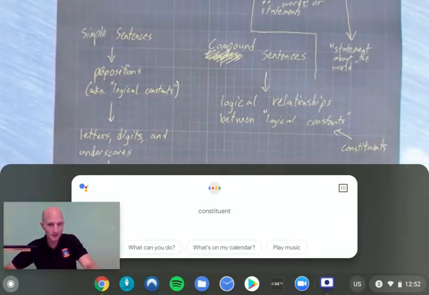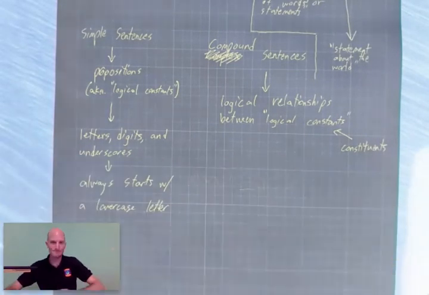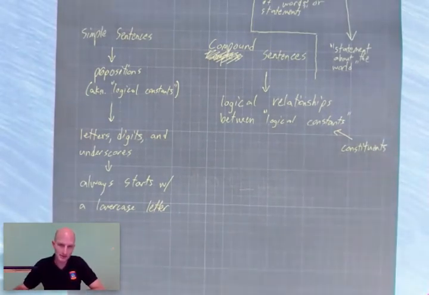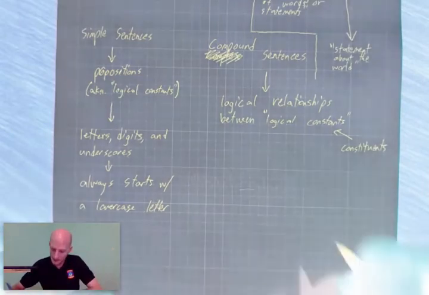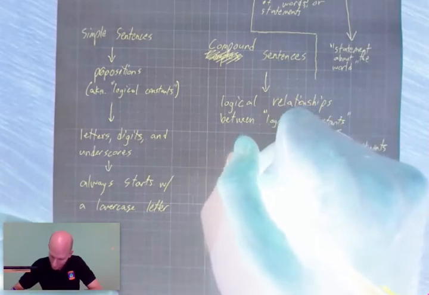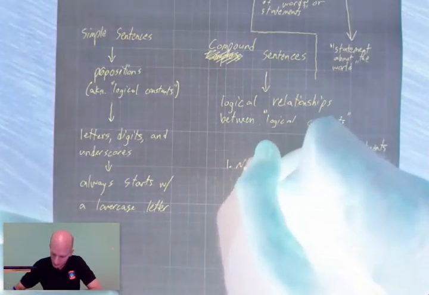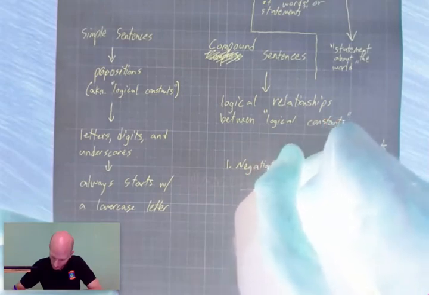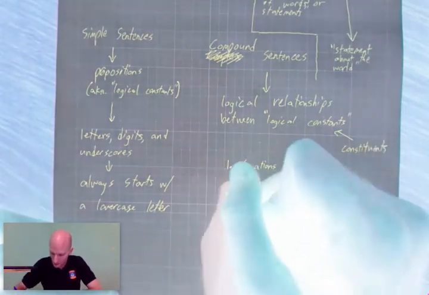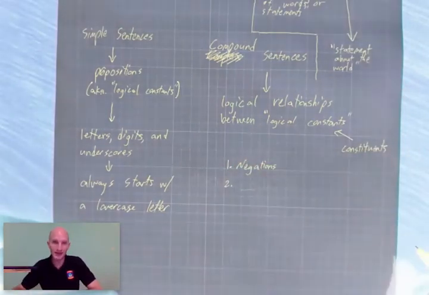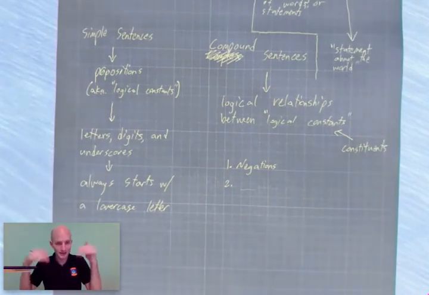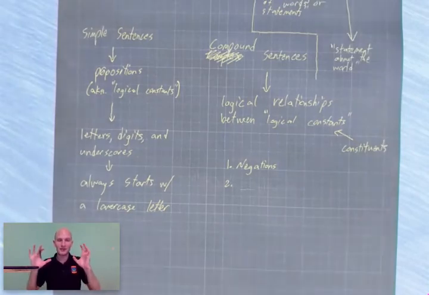Spell constituent. Constituents. Okay, now here are the 5 types of compound sentences. 1, negations. I'm going to give you the symbol for each of these after I write them all. 2, conjunctions. Again, don't think linguistic syntax, because simple and compound sentences in linguistics mean something very different than in logical syntax.